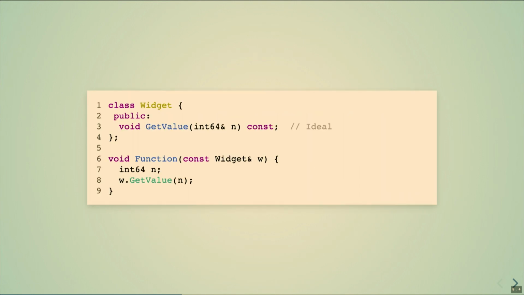And so this is the ideal fix, right? We're just going to change the long to be int64. The reason we like this change is because our style guide is pretty clear about preferring int64 over long or long. And the reasoning for that style guide choice is that int64 tells you how big it is.